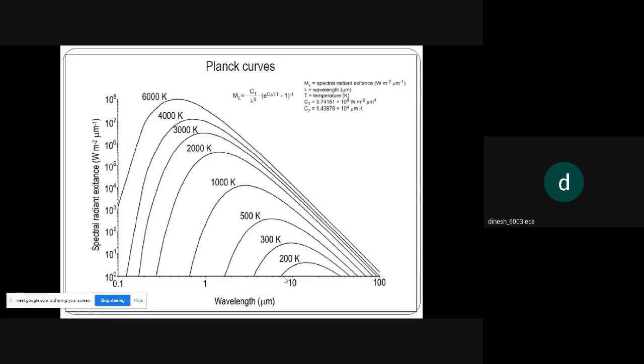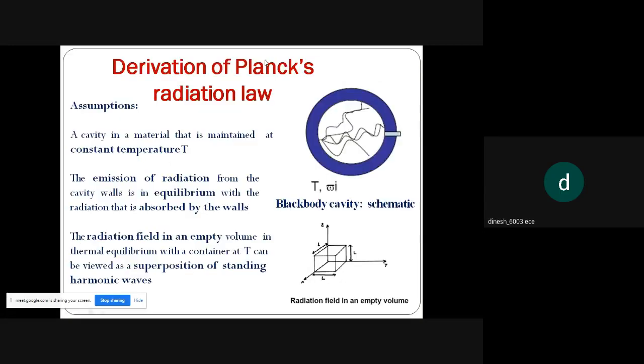You can see that here at 200 Kelvin, at wavelength of 10 it is like this, at 300 Kelvin, at 500 Kelvin, 1000 Kelvin, 2000 Kelvin, 3000, 4000, 6000. These are defined by Planck's law of radiation by using Planck's curves. So what is this Planck's radiation law?